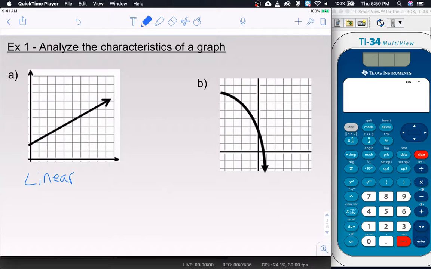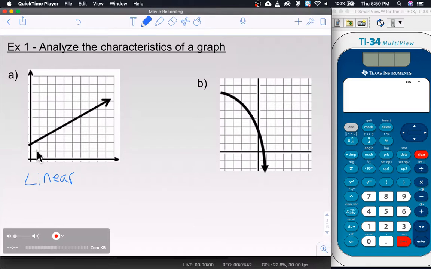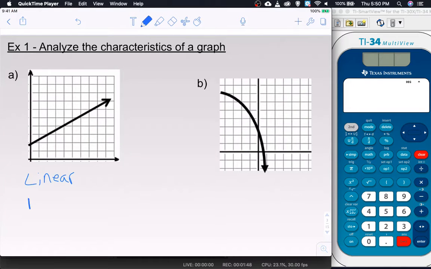So my graph is linear. It's a straight line. Okay. What else do we notice about it? Well, I notice that it is going up over time. It is increasing or has a positive slope.